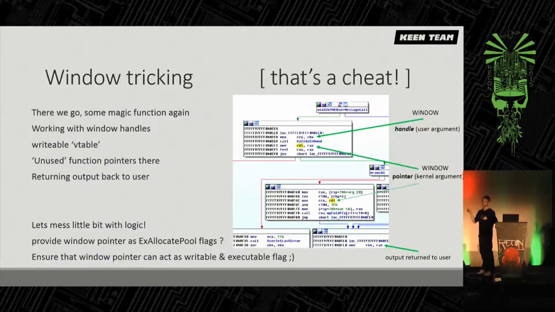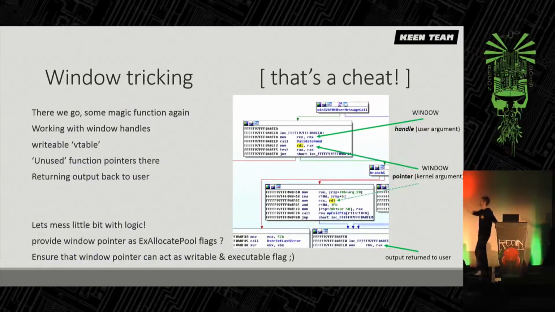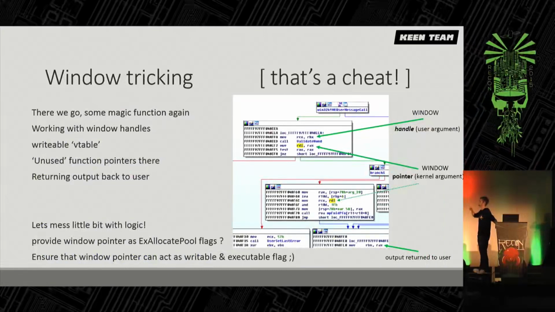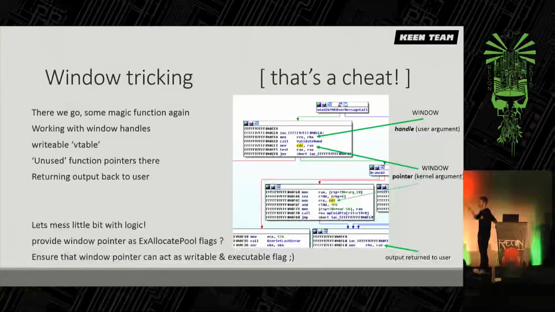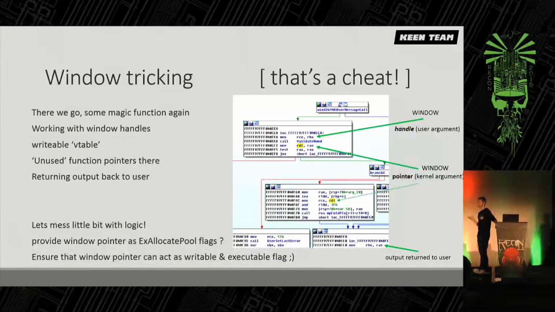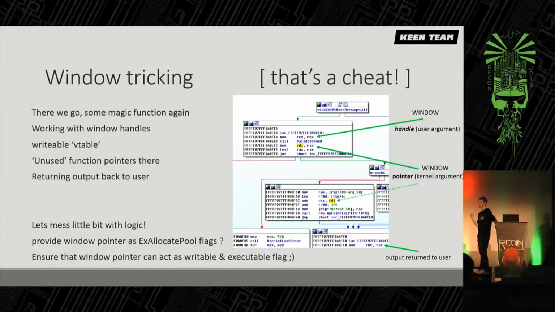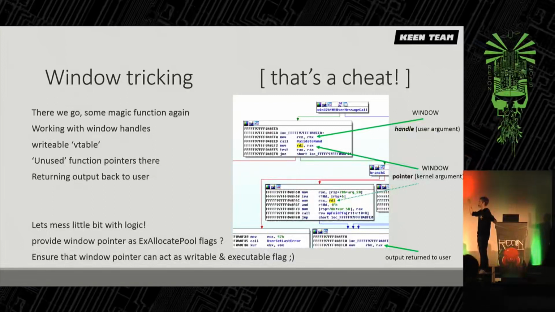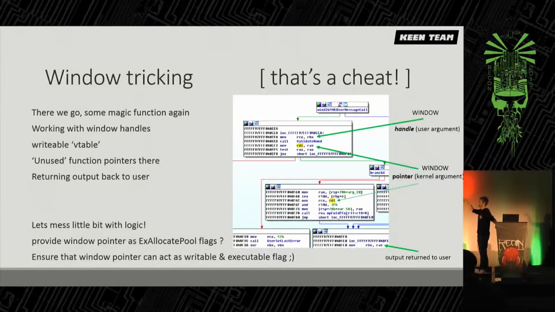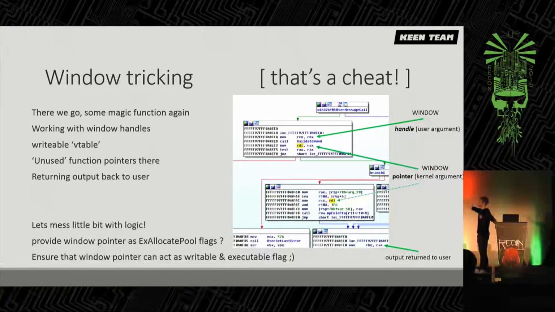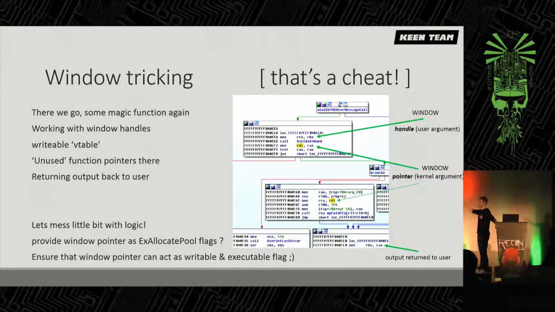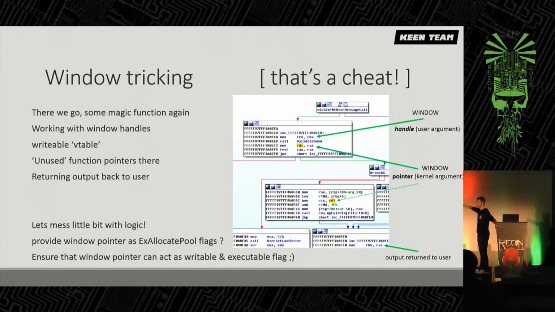At first you will not rewrite with the ExAllocatePool pointer, but with some other function which returns you the first argument. So when you provide the handle of the window, it will be translated to a kernel mode pointer, and with this virtual call, this pointer will be leaked back to you.